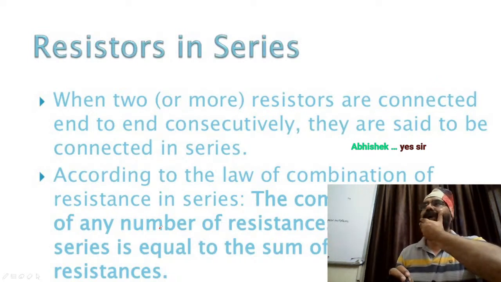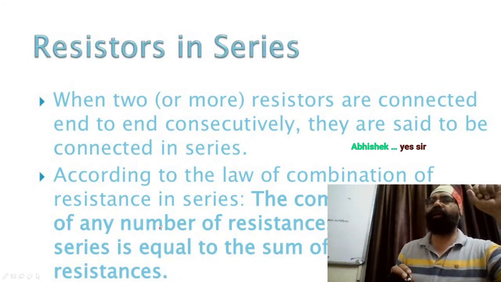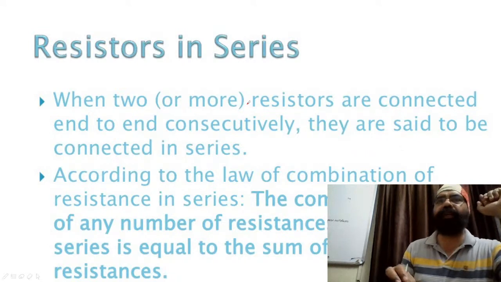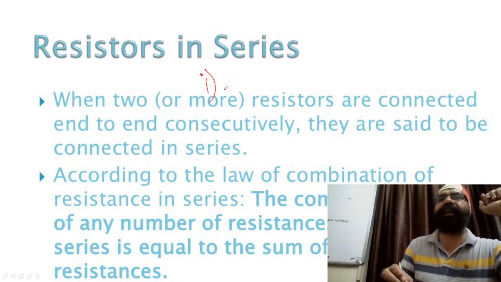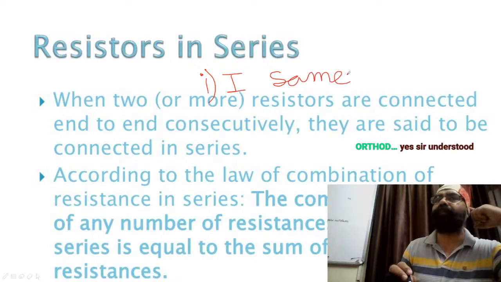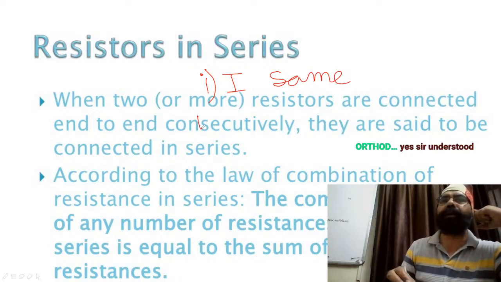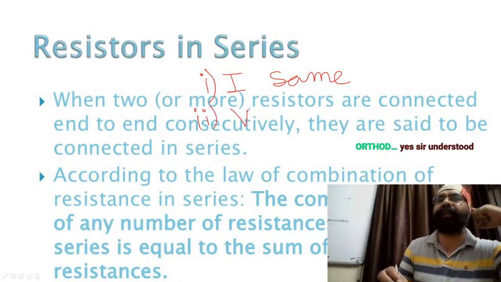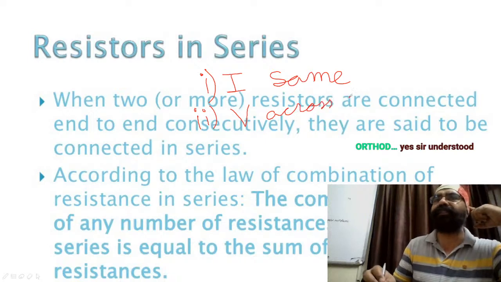A few things you should keep in mind. Number one, if they are in series, then the current flowing through each resistance will be the same. This you have to understand. The second thing to remember is that the potential difference across each resistor is different.